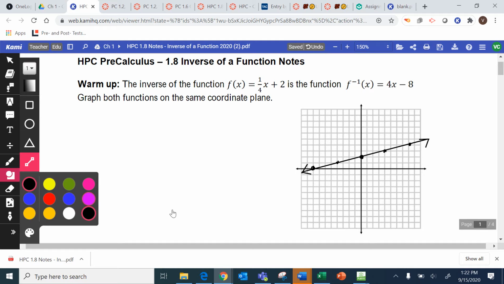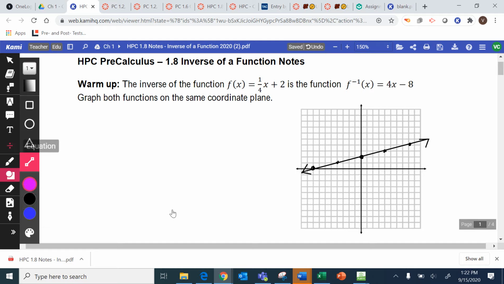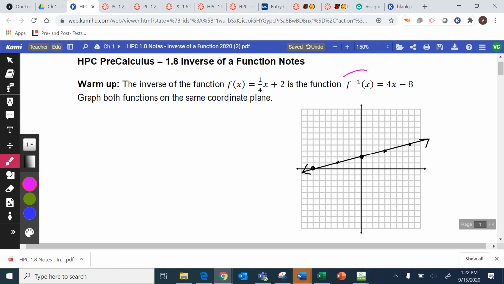And then I'm also going to graph this f inverse. So I'm going to start at -8, up 4 over 1.